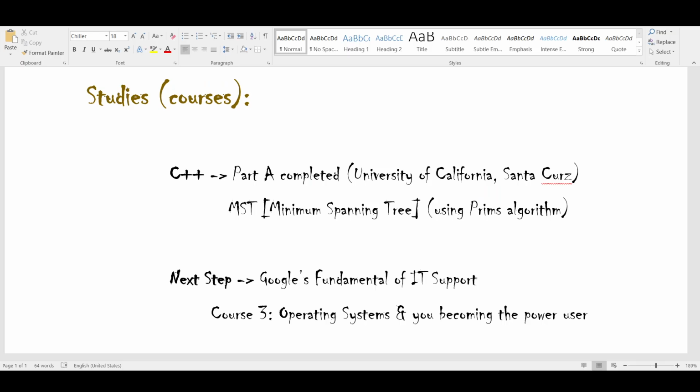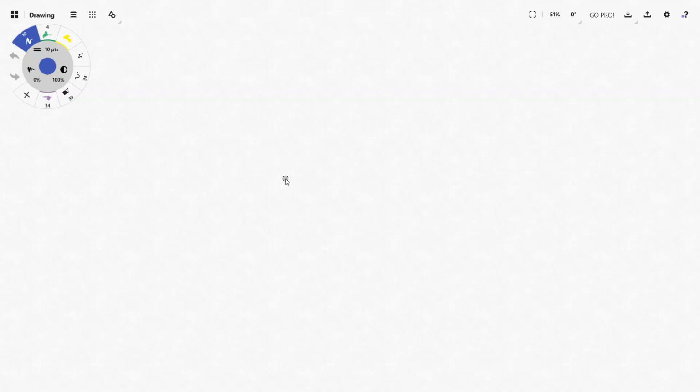visualization. Yes, let me first explain the concepts. So what I actually did was, we can just take cities, like this is A. Oh, sorry, the circle has become bigger again.